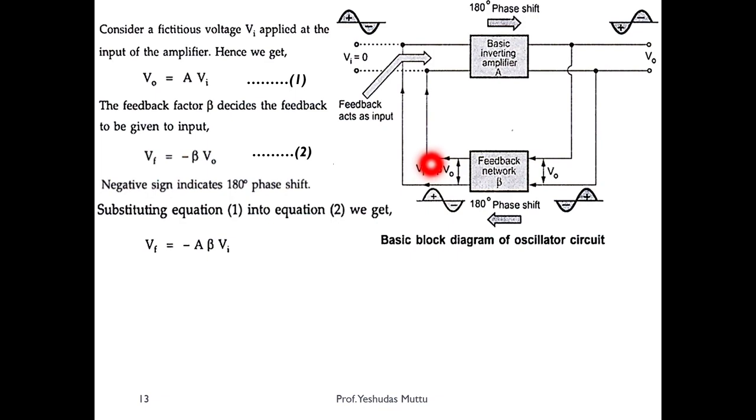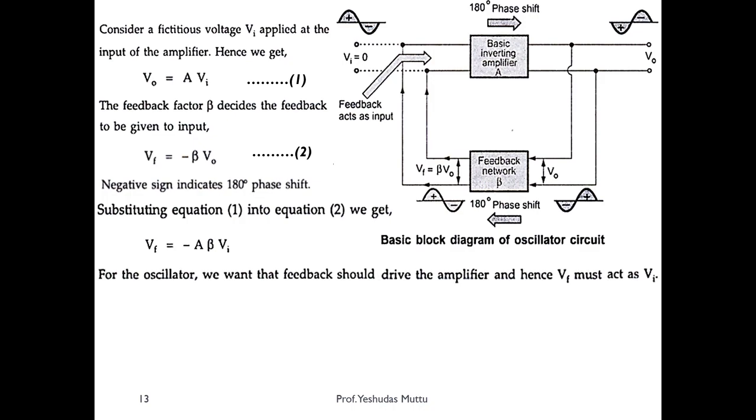Feedback network should generate Vi, which means Vf should be equal to Vi. Correct? I know that in oscillators Vi doesn't exist, so Vf should act like Vi. So I'll substitute in this equation Vf as Vi. You can see over here Vi on both the sides.